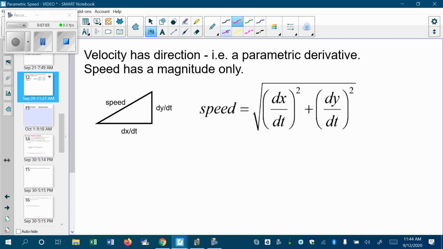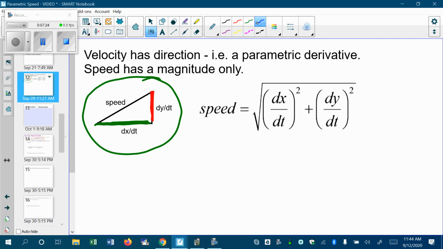This little picture really is a very helpful little picture. Look at this guy. Think about this as a little rate of change triangle: horizontal rate of change represented on the horizontal, vertical rate of change represented on the vertical.